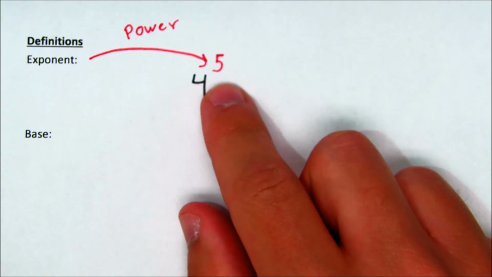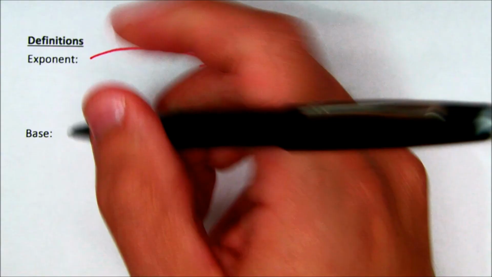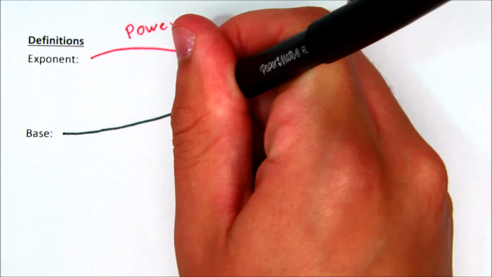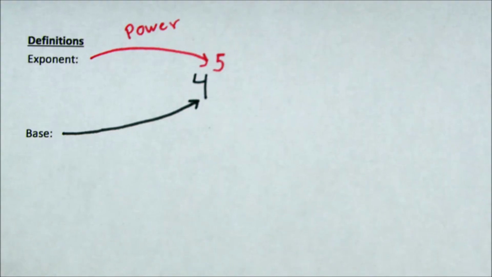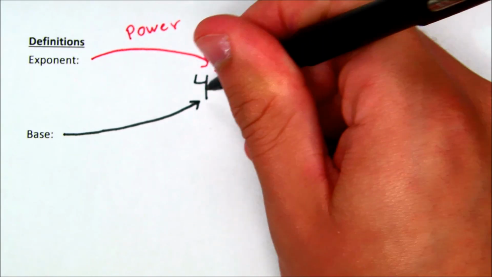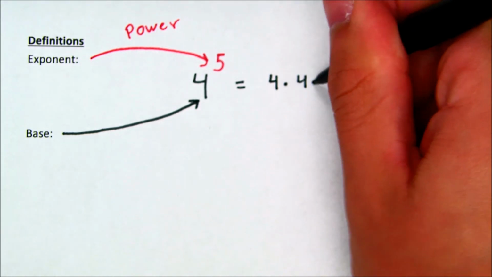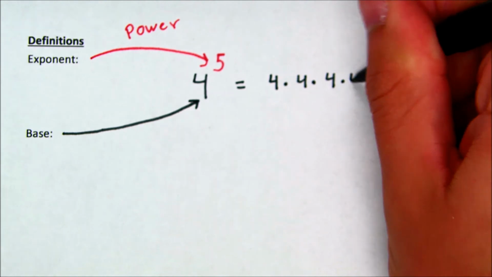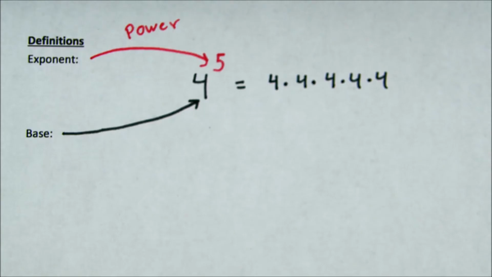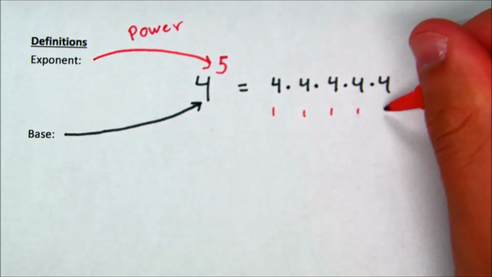This doesn't mean I do 4 times 5. Now 4 has a special name too. 4 is called the base. Now here's what we do. Since I have 4 raised to the 5th power, we're going to do 4 times itself 5 times. So I see here that my power is 5, so I have 1, 2, 3, 4, 5 4s.